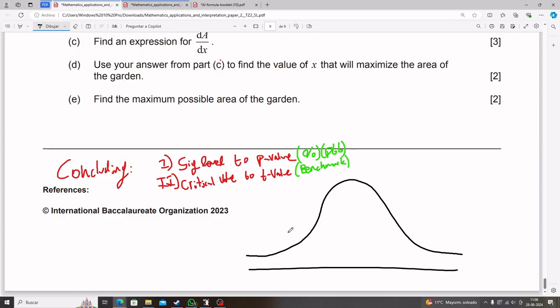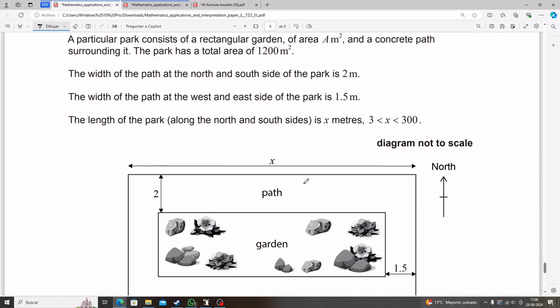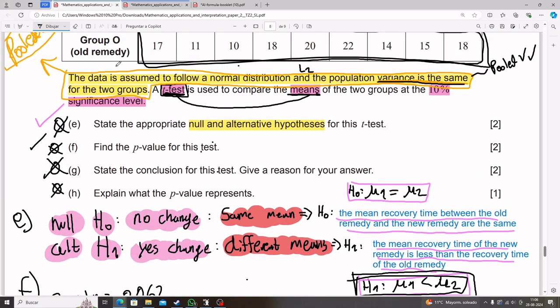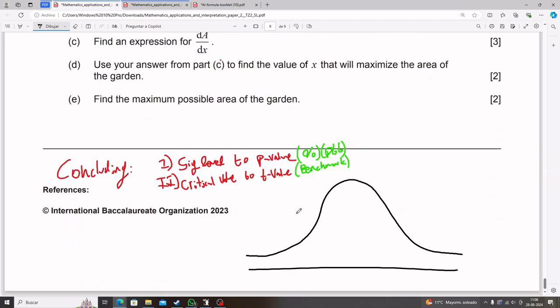So imagine you do this binomial distribution. It looks something like this. And let's say that your significance level, actually, let's apply it to the context. So your significance level, they tell you that it's 10%. So that means that you're going to be drawing a line somewhere, let's say right here. And you're going to say like, okay, so this line, actually, no, it's the other way around. My bad.